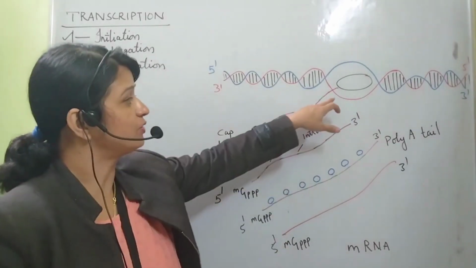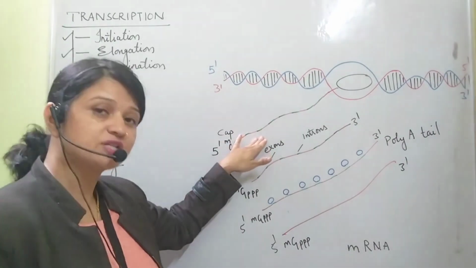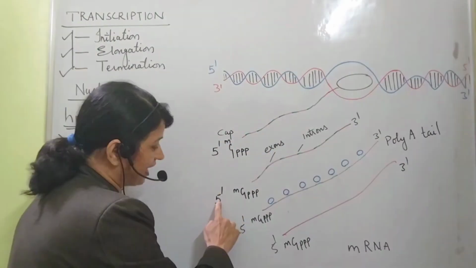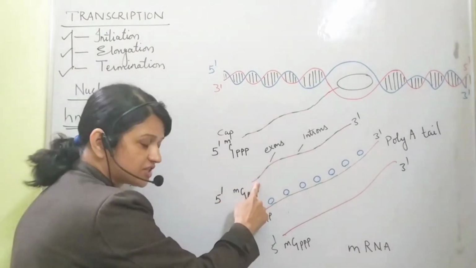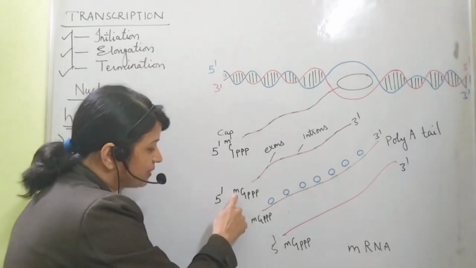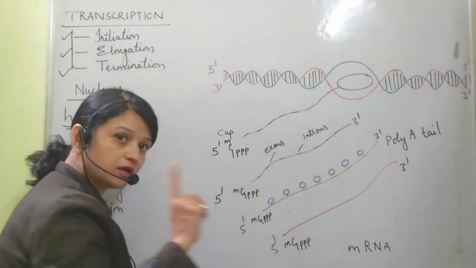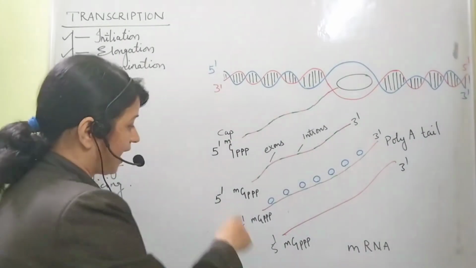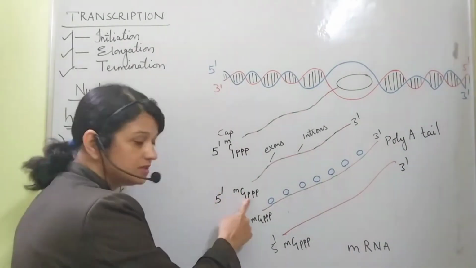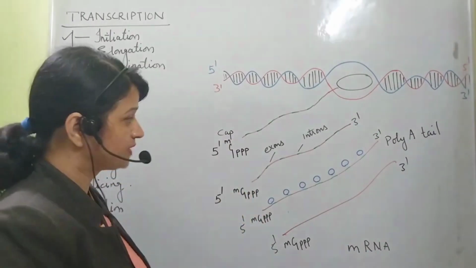As I told you, we get the hnRNA, and this hnRNA is very unstable. So at the 5' end of this hnRNA, we add a cap-like structure which is made up of methyl guanosine triphosphate. Do remember, at the 5' end, we add methyl guanosine triphosphate and it forms a cap-like structure.